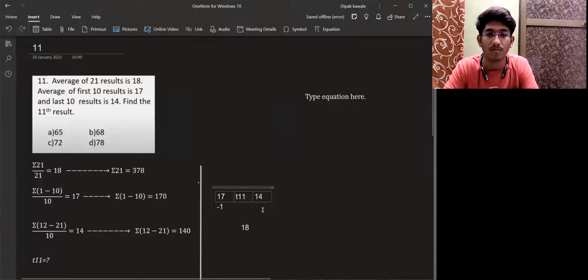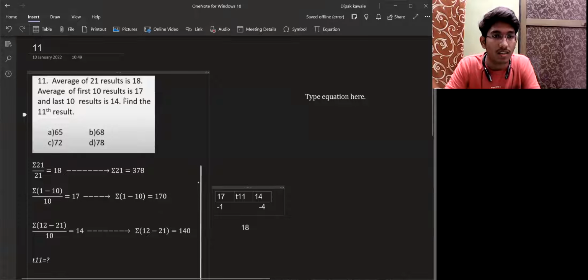Minus 4. Now this 17 is for a single element or a group of elements? This 17 is for 10 results. So we have to multiply it by 10.